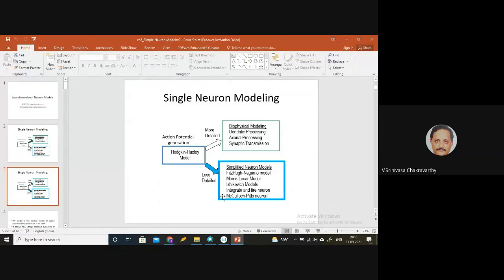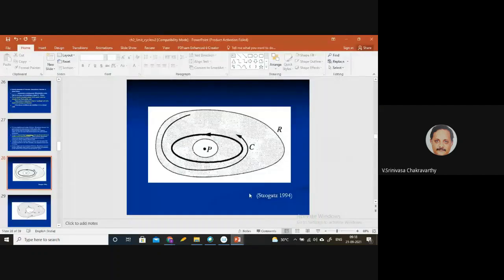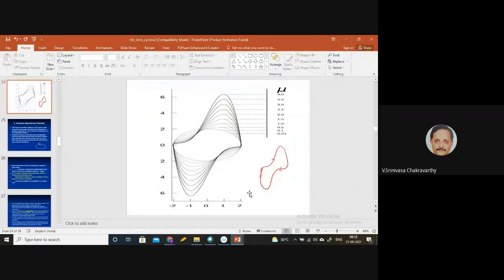So before going into these 2-variable models, FitzHugh-Nagumo and Morris-Lecar and all that, let us go back and review a little bit the math underlying limit cycles. We look at a slightly new topic in limit cycles. So let us get back to our math preliminaries and learn a little bit more about limit cycles, and then we'll get back to our discussion of simplified neuron models.